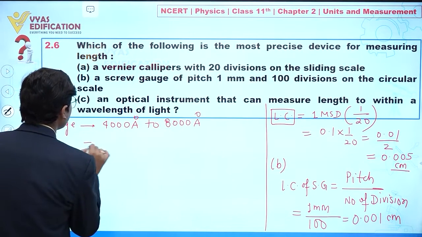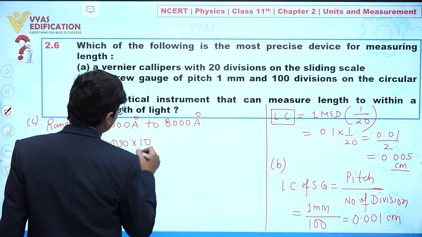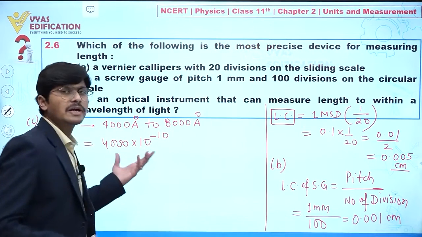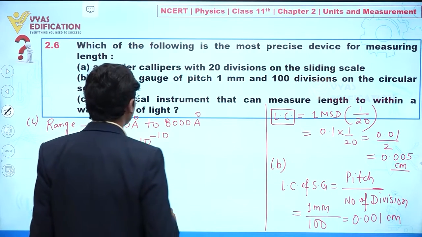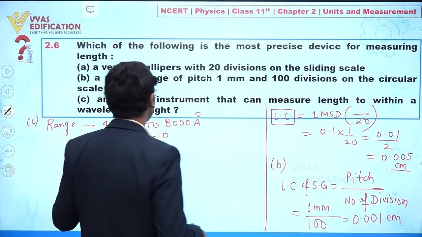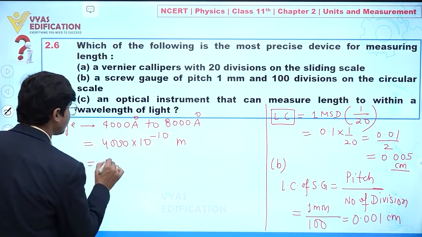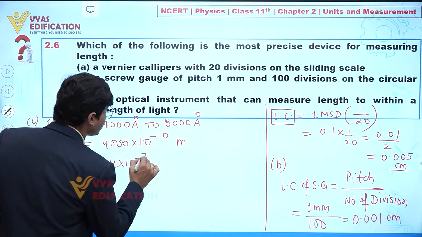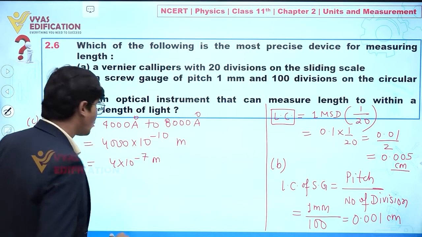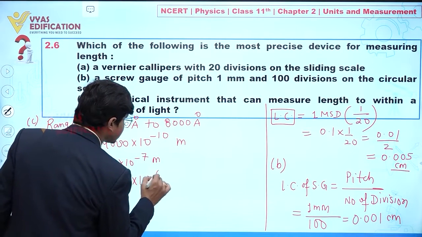Taking the smallest wavelength, 4000 into 10 to the power minus 10 meter, which is 4 into 10 to the power minus 7 meter, or 0.4 into 10 to the power minus 6 meter.